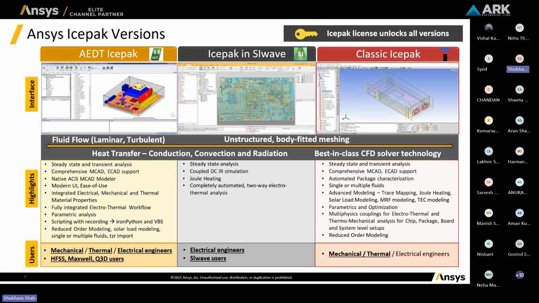When it comes to parametrics and optimization, let's say you want to parameterize the various flow rates of the fan. Here at the top, you are seeing there are two fans. Let's say your flow rate is varying. You want to see how your fans are performing, whether the fan flow rate is sufficient to cool down the components or not. Initially you have given a velocity of, let's say, 2 meters per second. Now you want to see whether 2 meters per second is higher or lower.